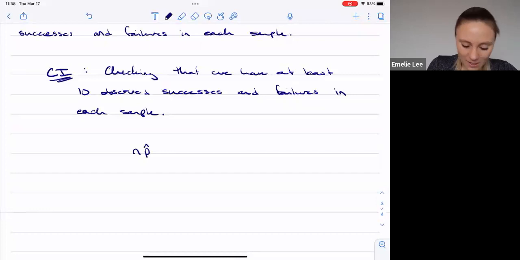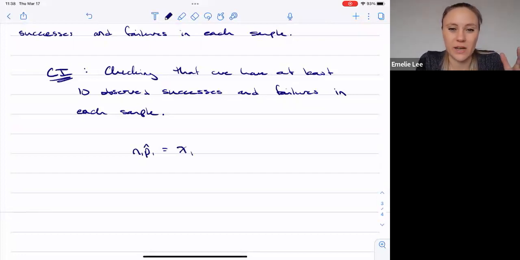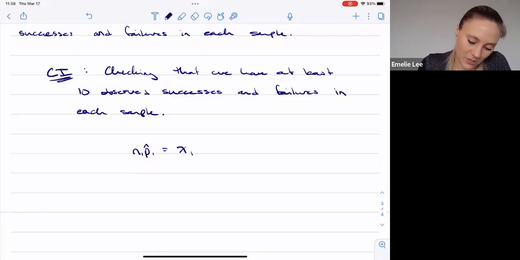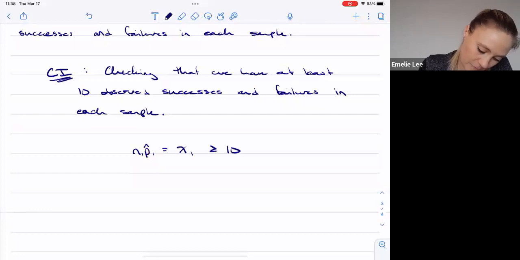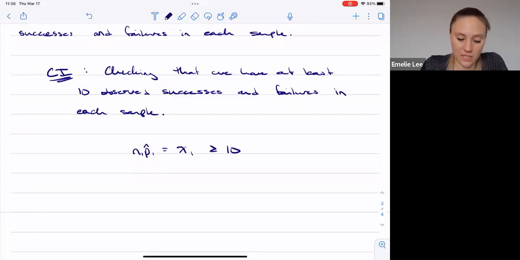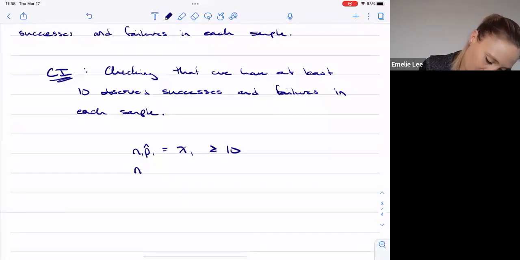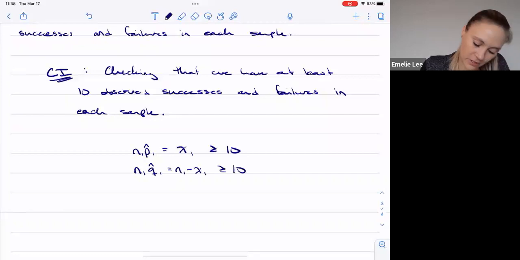But now I have two samples, so I'm going to look at n1 times p1 hat, which is equal to x1. If you have x1, you can just use that. That's the same as for one sample proportion, but I wanted to really drill into that you can have n1 p1 hat, depending on how your question is worded. It has to be greater than or equal to 10, and n1 q1 hat, which is n1 minus x1, has to be greater than or equal to 10.